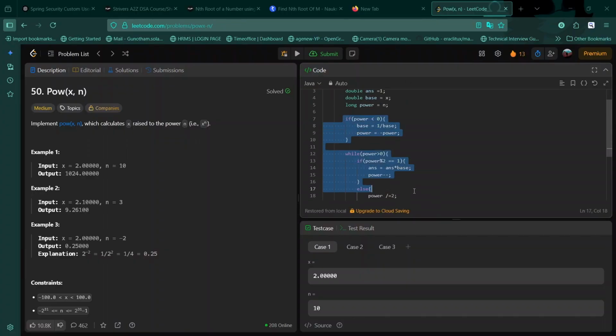Instead of going through every single iteration, we are just checking whether it's greater than or equal to that particular number.